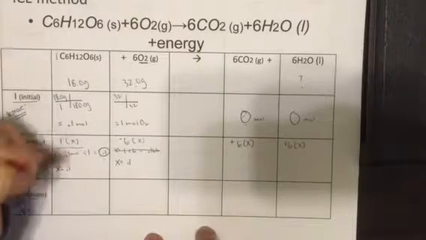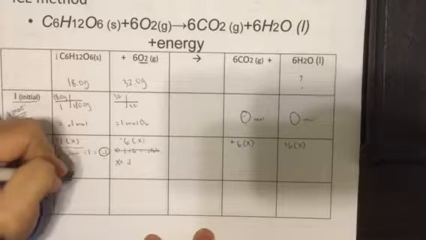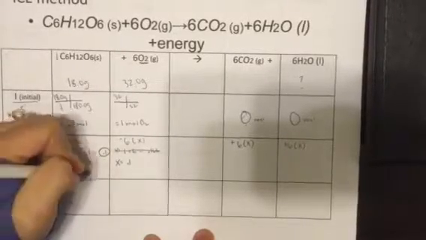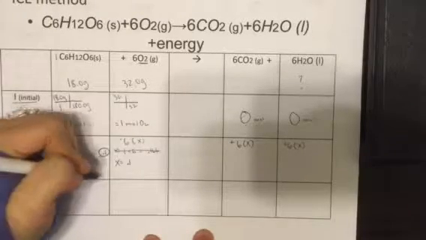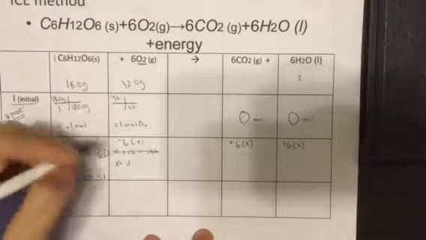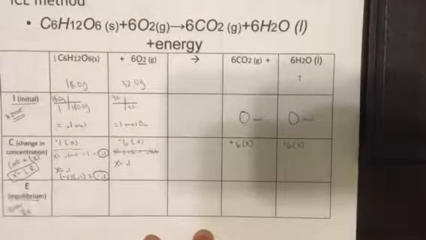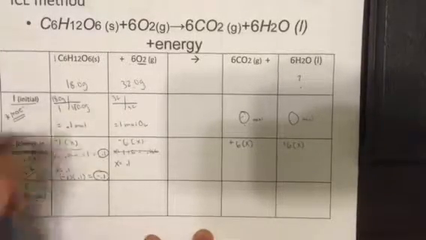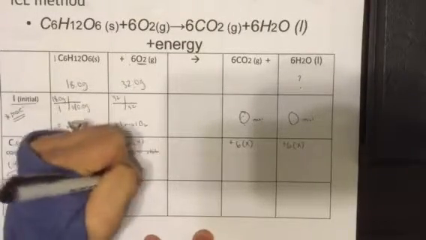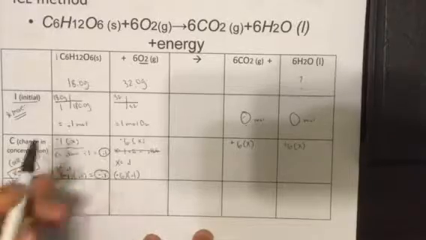So this is -1 times 0.1. The change in concentration then is just -0.1. Okay? For this one, I'm going to circle that so I don't forget it. And then for this one it is -6 times 0.1, because that's the limiting reagent that we found.